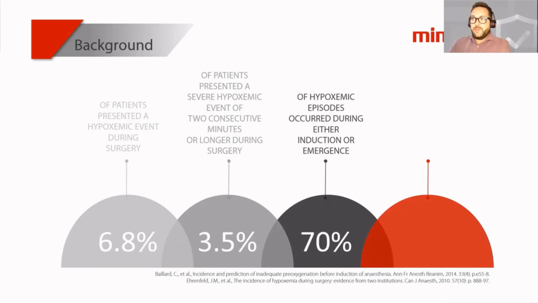Of those hypoxemic episodes, 70% occurred during either the induction or emergence phases of the anesthesia, which are actually 21% of the total intraoperative time. In another study that aimed to determine the incidence of adequate pre-oxygenation in a population sample of more than 1,000 patients in Canada, inadequate pre-oxygenation was observed in 56% of the cases.